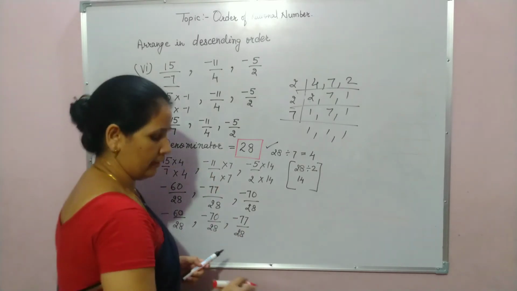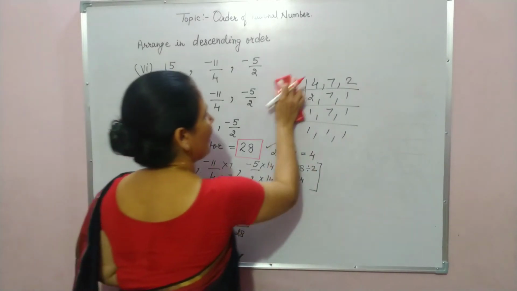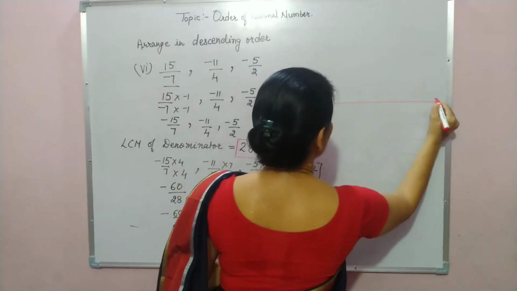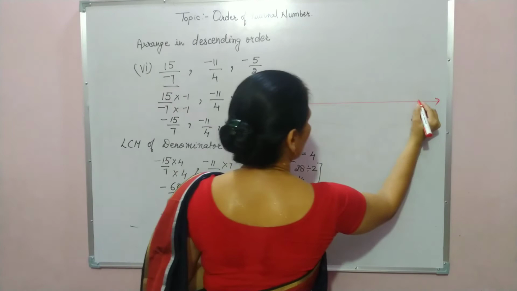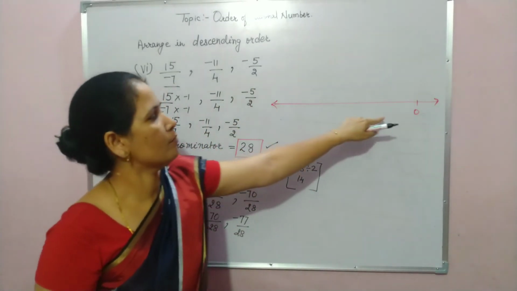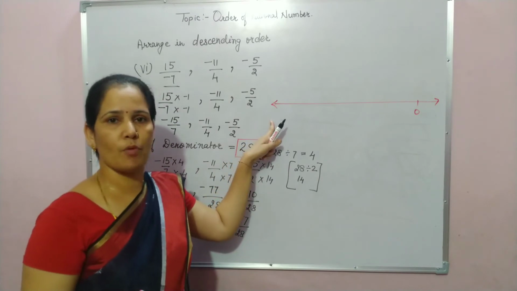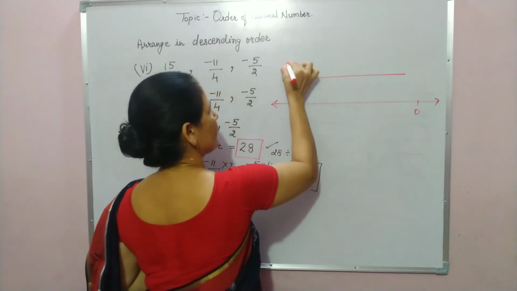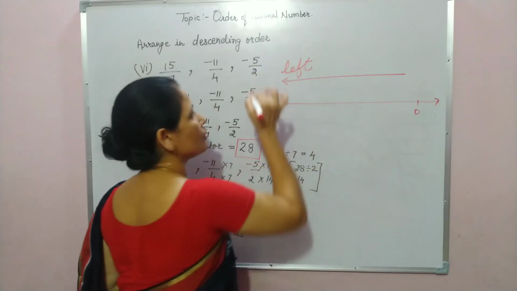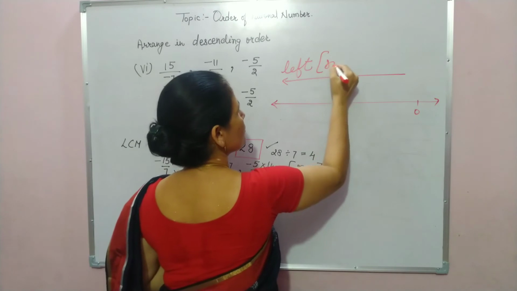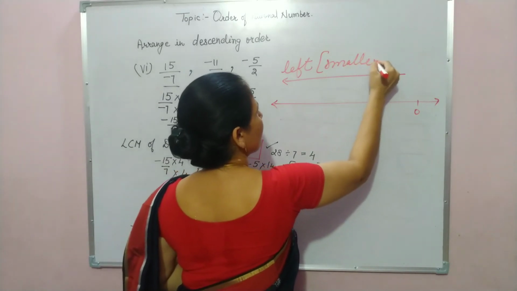Now I will explain this example with the help of a number line. Observe this number line, students. As I already told, if any negative number is far from 0, that becomes smaller. So if we move from 0 to the left side, the number becomes smaller. Keep this in mind.